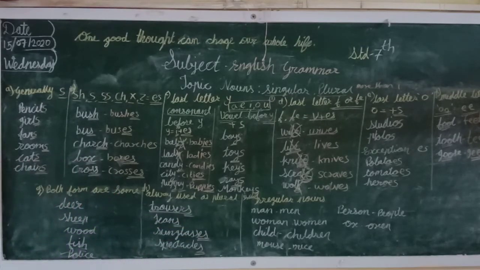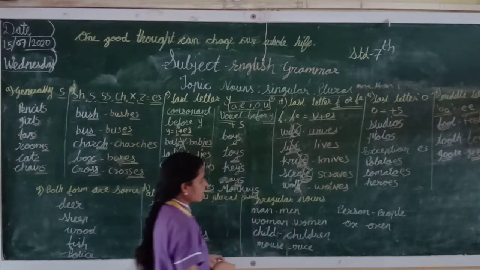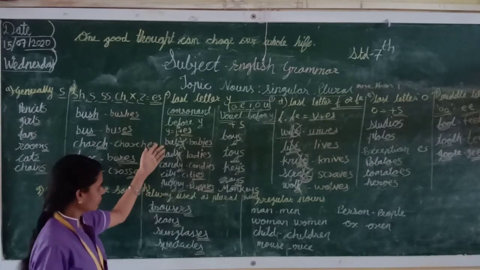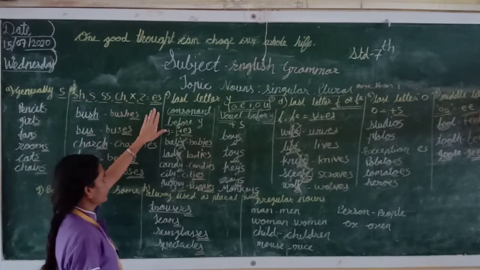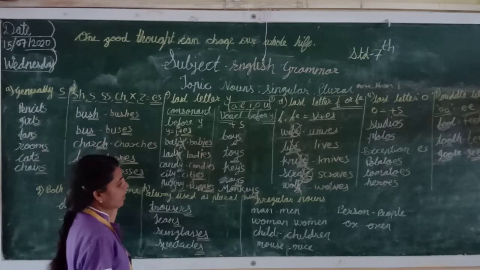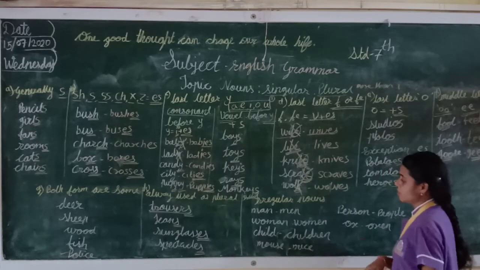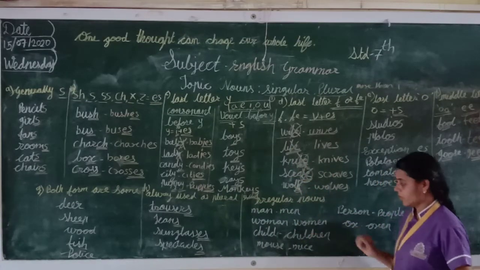Now students, we will see the next form. We have regular and irregular nouns. Irregular nouns mean students, we saw some rules for when we have to join ES or S. But some nouns are irregular. Means we can't apply this rule on these nouns.